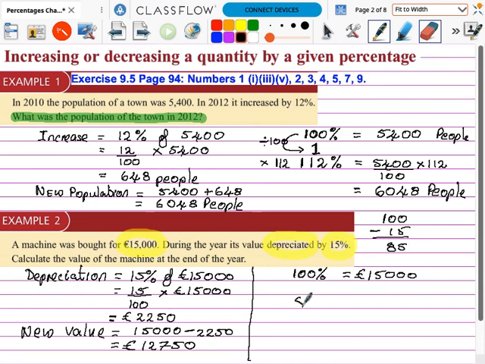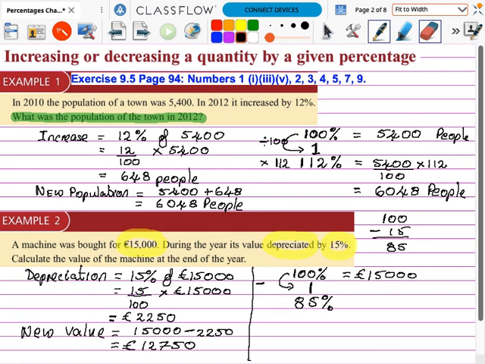And if the new value is 85%, because it's gone down in price, how do we get to 85% from 100? Well, the trick is you go via 1. To get from 100 to 1, am I multiplying or am I dividing? Well done, I'm sure you've got that right.